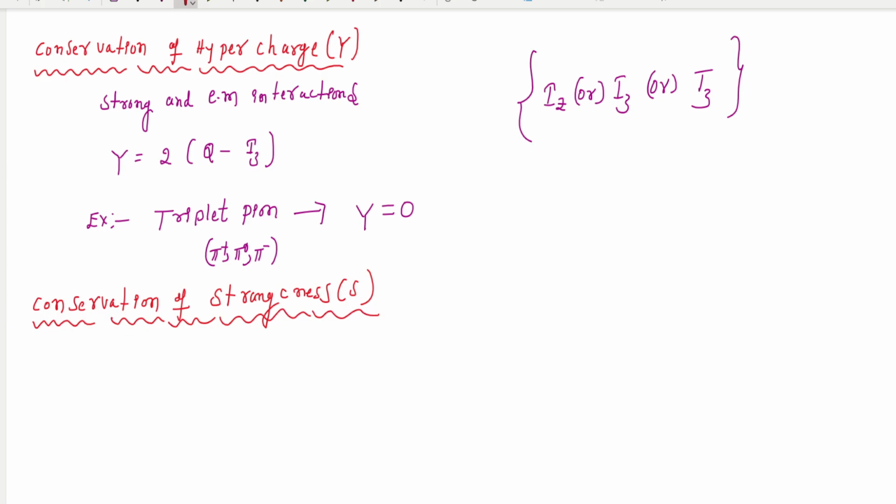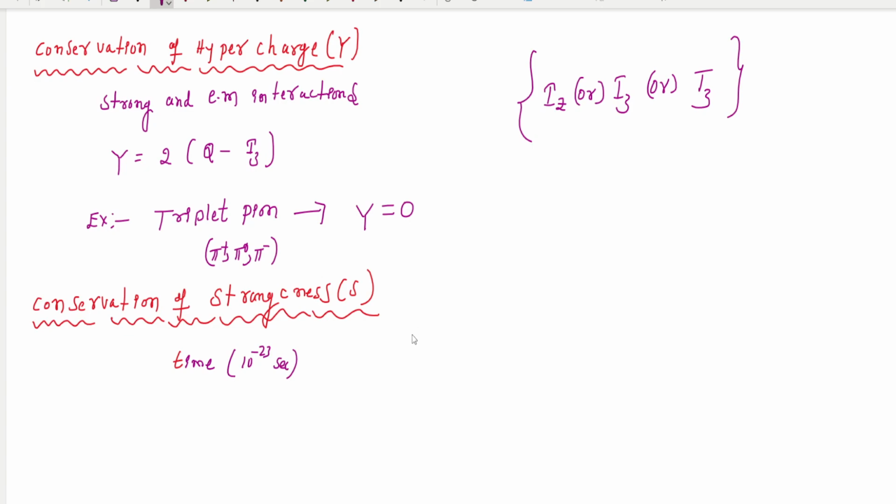We know these hyperons are produced by strong interactions, which take almost 10 to the power of minus 23 seconds.